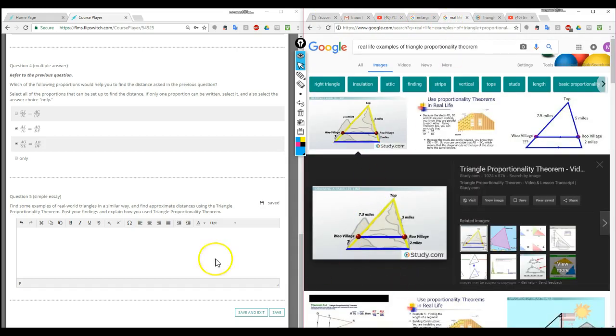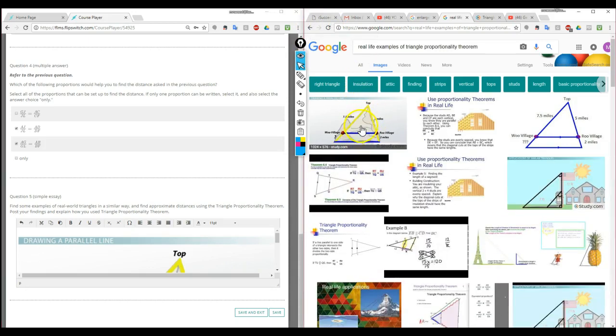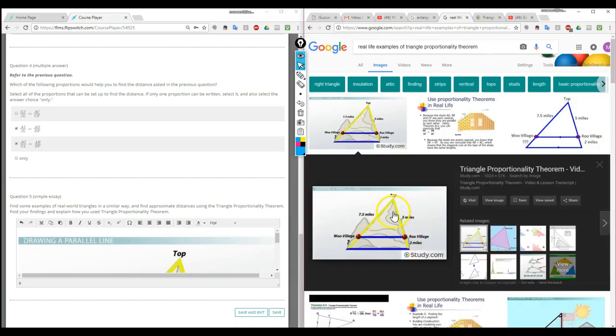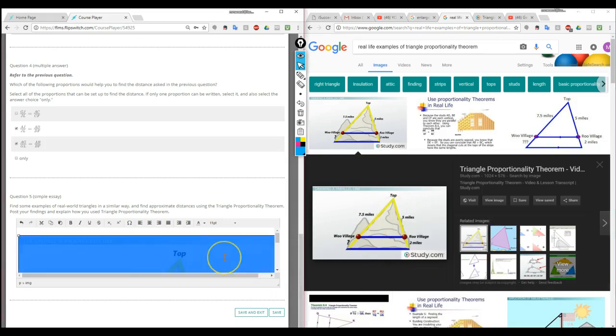So if I copy that, will it? Okay, so I had to click on it and pull it up there. And then I click copy image address. And so I'll step through how I got that to work again. So I clicked on my picture, brought it up here, right click, copy image address, and then I pasted using Ctrl V.